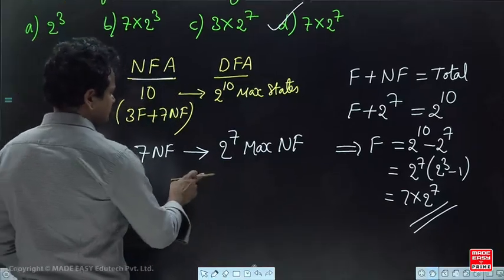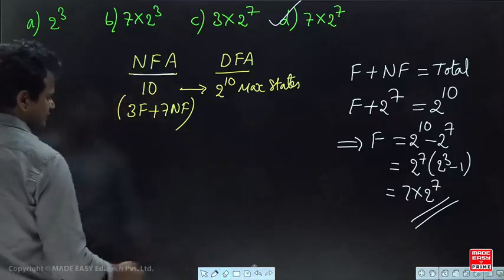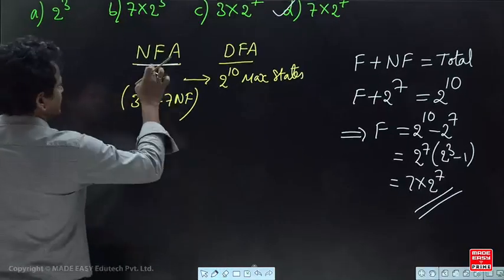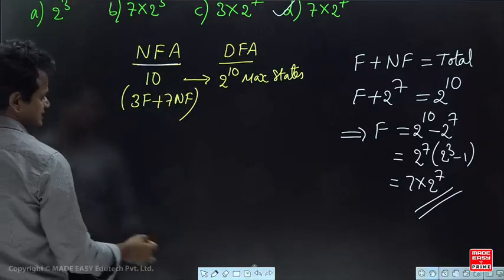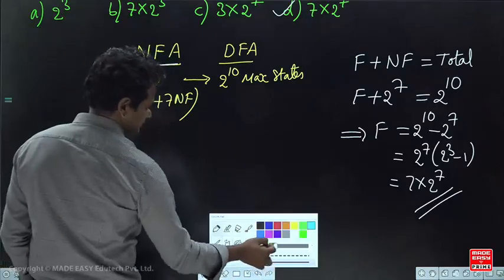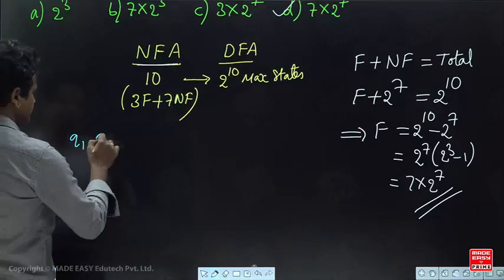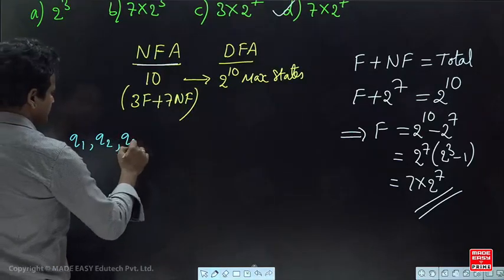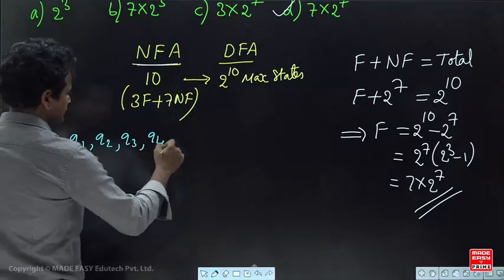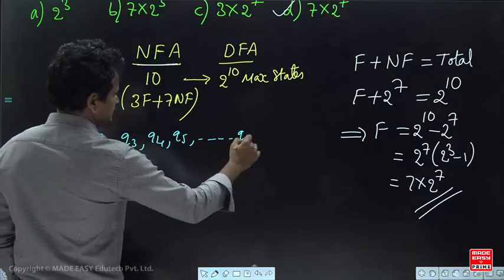Now guys, I will tell you a different method. Just listen. There are 10 states in NFA. I am taking those 10 states. Suppose Q1, Q2, Q3, Q4, Q5, and so on up to Q10, 10 states.